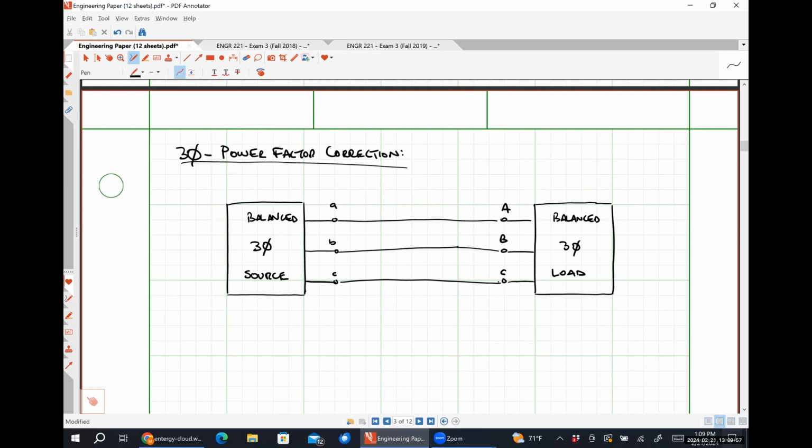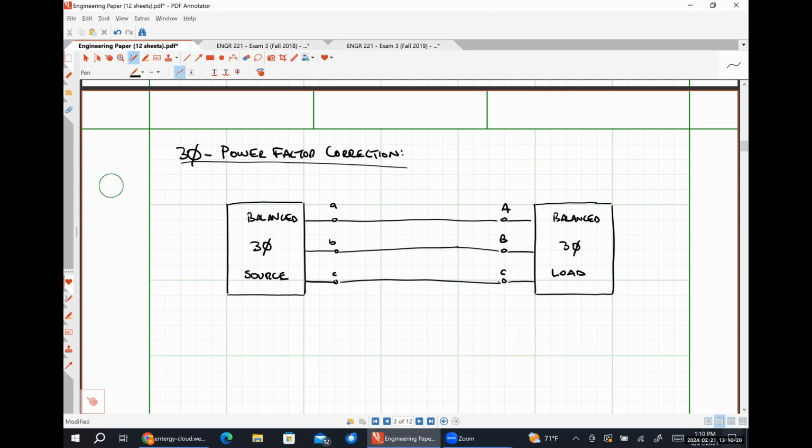They're just going to be connected to each other through transmission lines because that's how we connect them. Doesn't matter if the source is delta or Y, doesn't matter if the load is delta or Y.